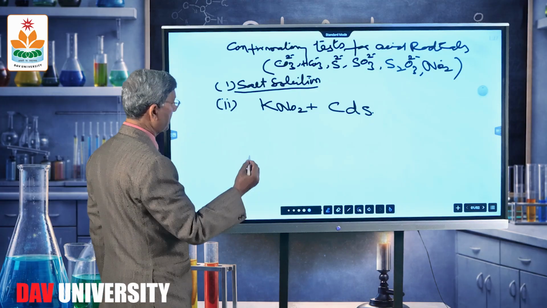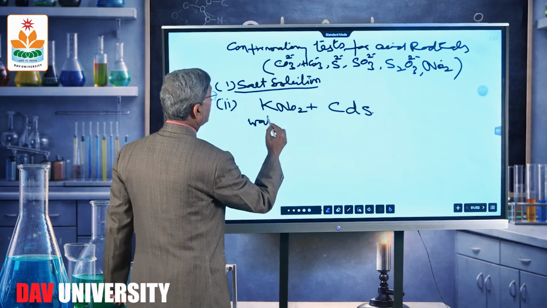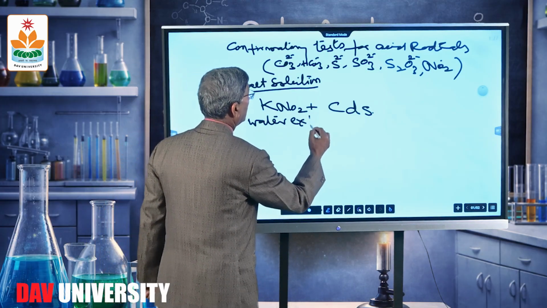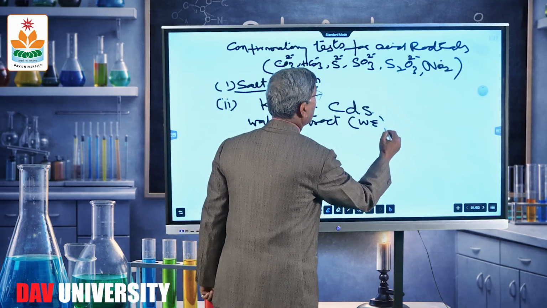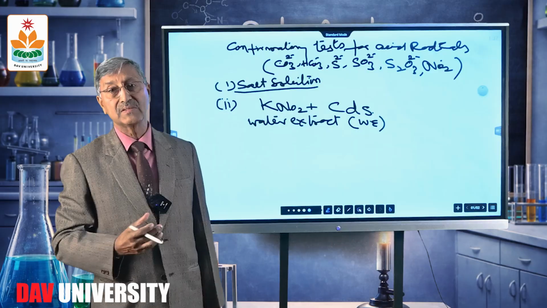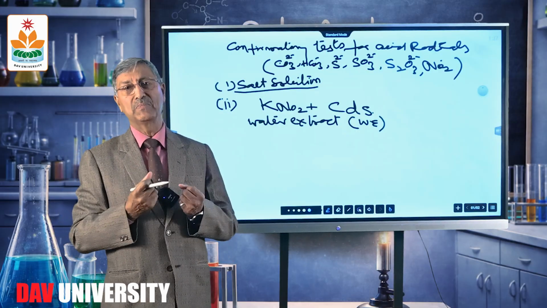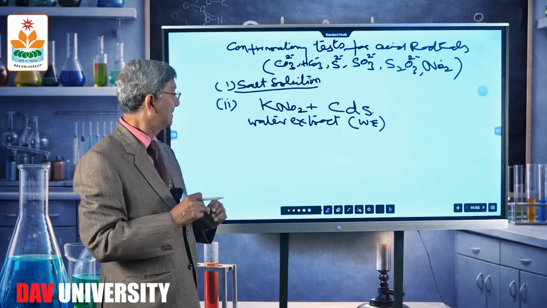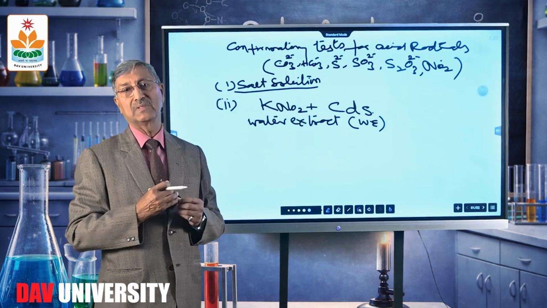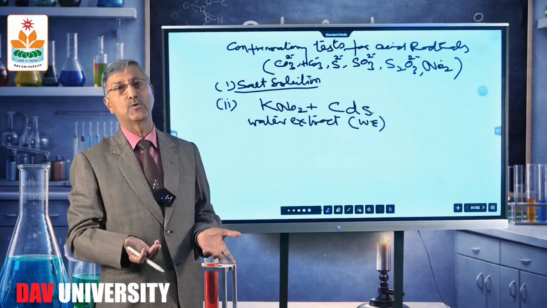So in that case, what we prepare is water extract, WE. Extract means to bring out something out of a number of things. So here water extract means that water will bring out the soluble portion out of the salt mixture into it.